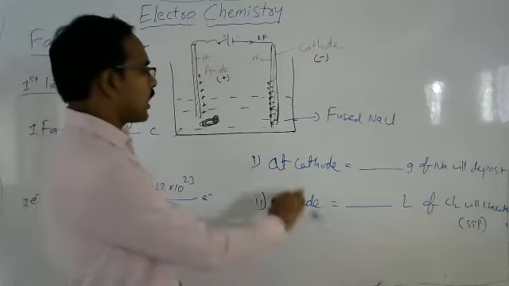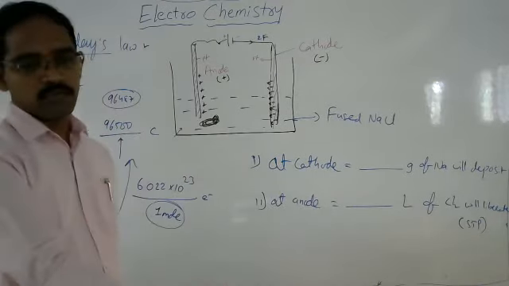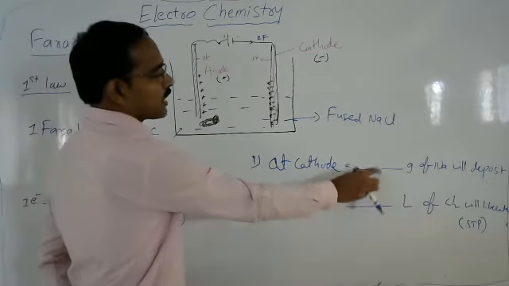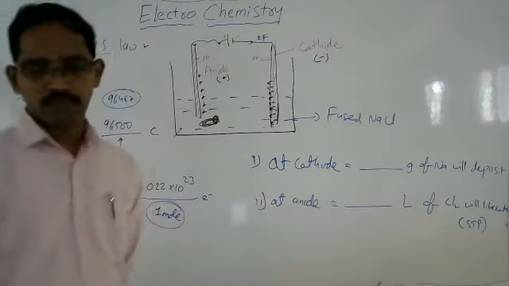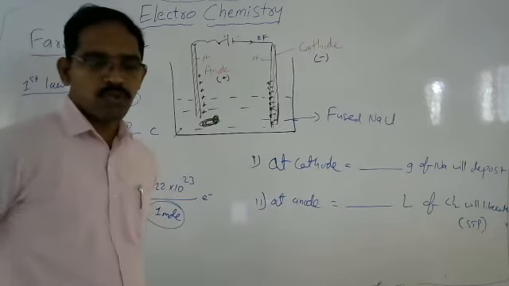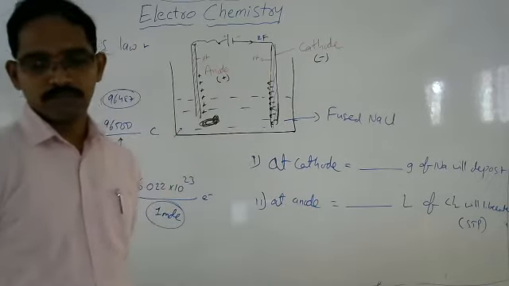At cathode, cation goes to cathode, gets reduced, depositing. I am asking how many grams of sodium will deposit at cathode? I gave you 2 farad current.